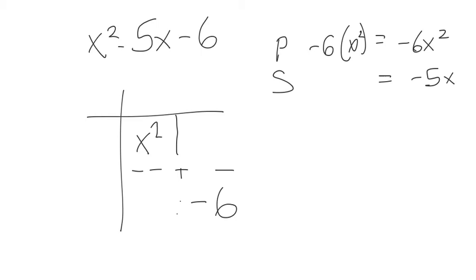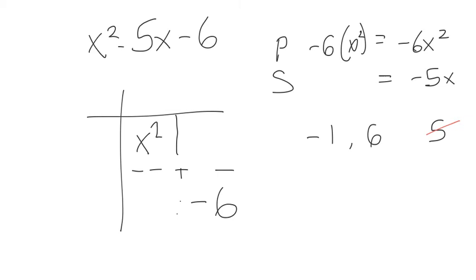Well, I could have negative 1 and positive 6. I'm just going to write them down here. Negative 1 and positive 6. Those would multiply to give me negative 6. But if I add them together, I get positive 5. And positive 5 isn't what we're after, so, too bad. That one's not going to work.